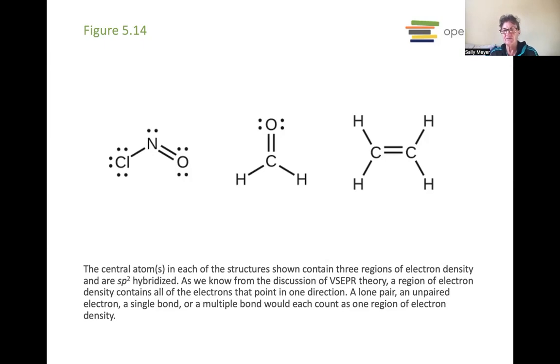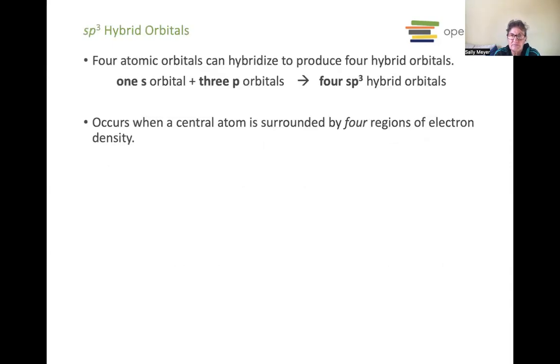So it's going to have sp2 hybrids. And then each of the carbons in ethene, which is the molecule to the far right, is the same situation. You want the bonding electrons to hydrogens to be as far apart as possible, and you want each of those pairs to be as far apart as possible from the double bond. So you're going to have sp2 hybrid orbitals on ethene.